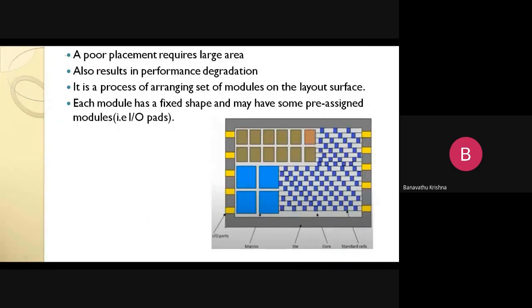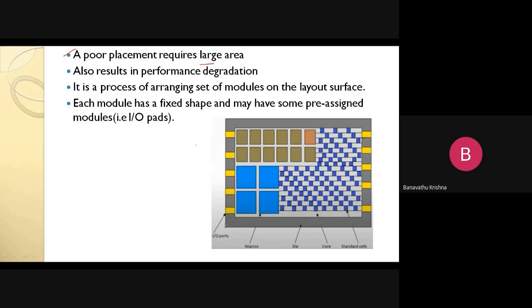After the placement, let us see the diagram. A poor placement requires a large area. Suppose I place the modules in an improper way, one by one in whatever areas, with no method or technique followed. Then a huge complexity will occur in the floor planning.